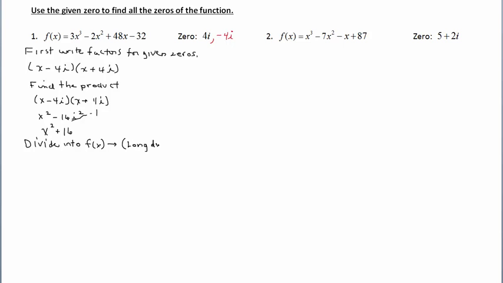We can't use synthetic division because remember, synthetic division only works for linear factors, and this is not linear, it's quadratic, so we have to do the long division. Alright, look at your cubic. If there's any missing terms, you're going to fill them in with placeholders of 0.